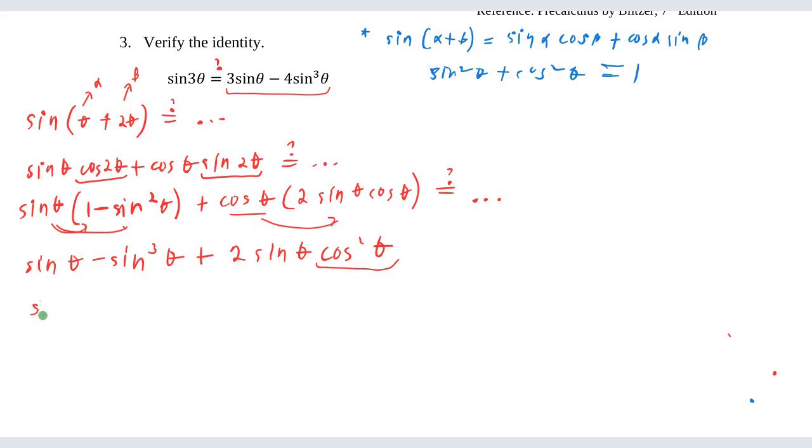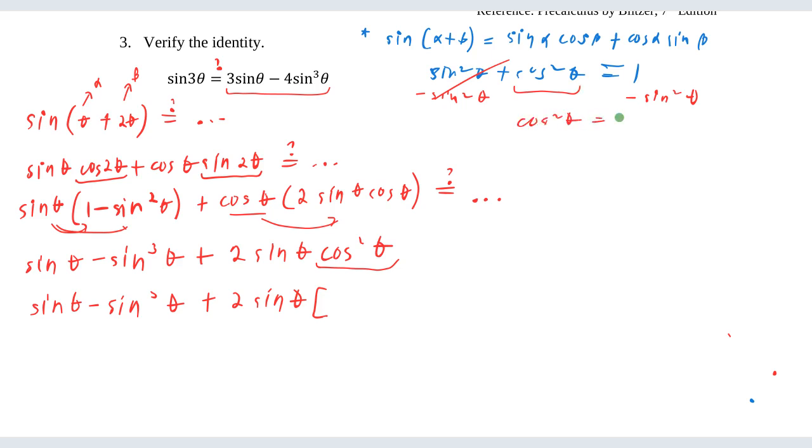So let me replace that cosine squared theta. Now we have sine theta minus sine cube theta plus 2 sine theta. Again, replacing that cosine squared theta: I just subtracted both sides by sine squared theta, so I am left with cosine squared theta, which is equal to 1 minus sine squared theta.